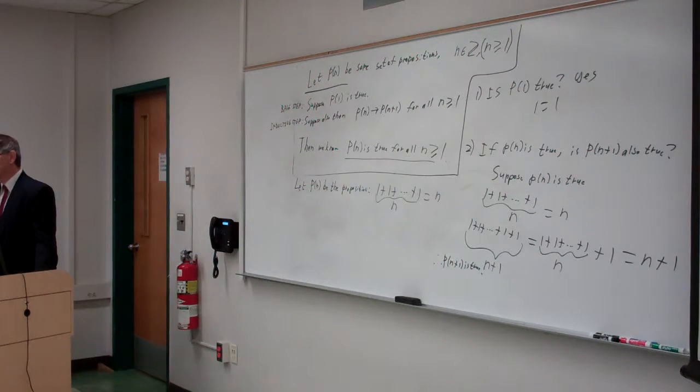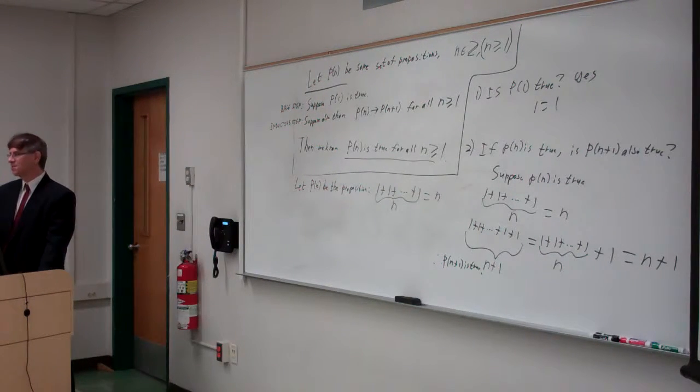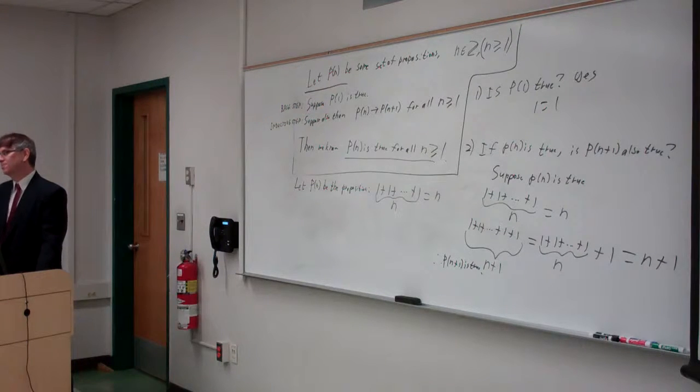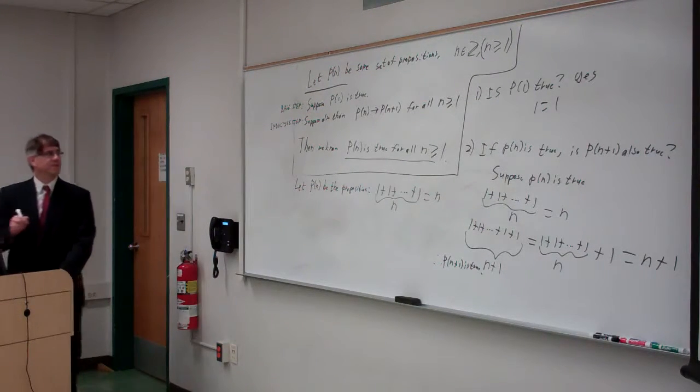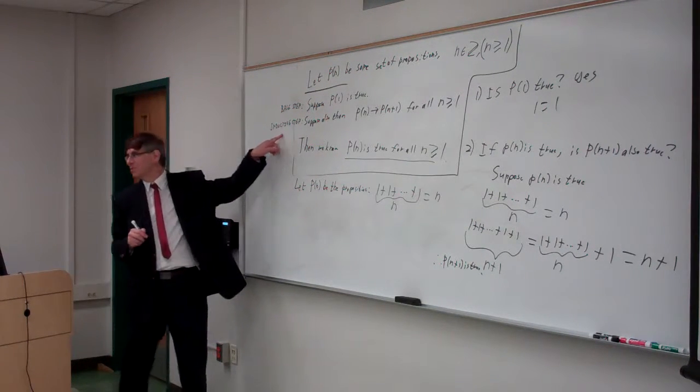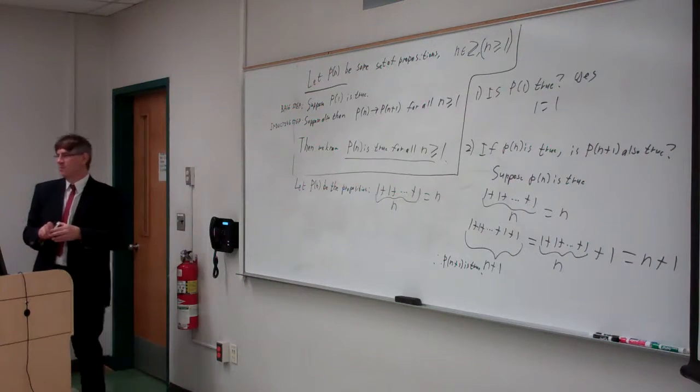We can say P is equal to 2, P plus 1 is equal to 3. So, 2 is prime, 3 is prime. So all the numbers are prime. But you have to prove that if P of n is true, then P of n plus 1 is true. So you have to prove the inductive step. If n is prime, then n plus 1 is also prime.